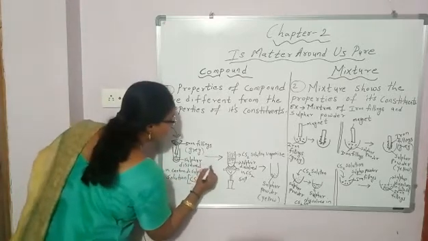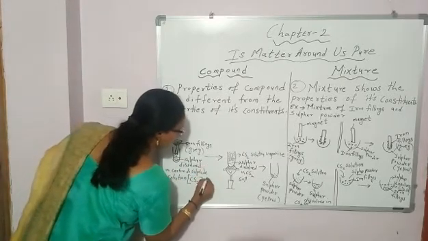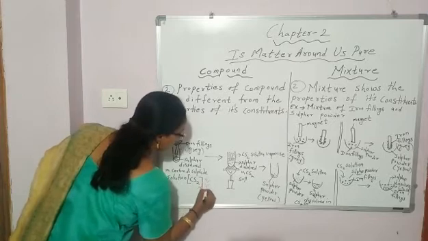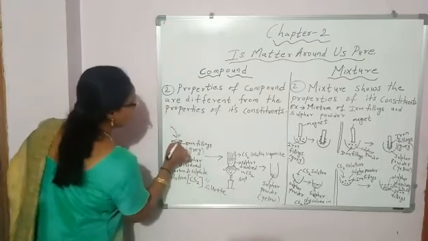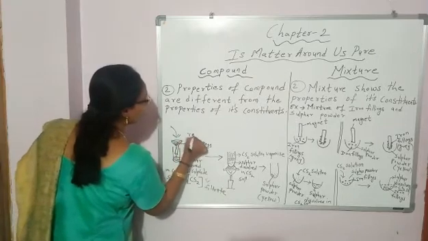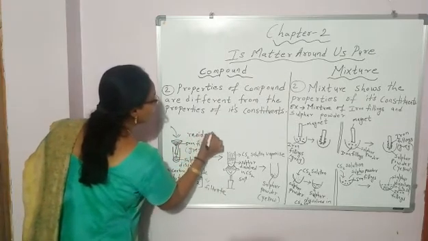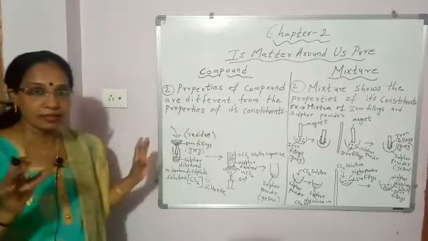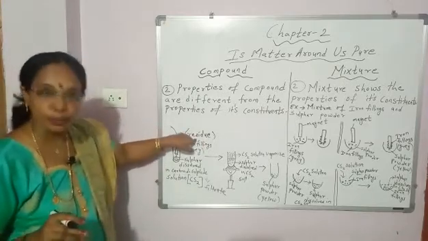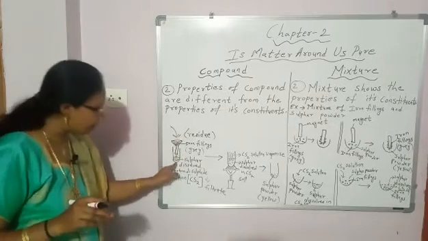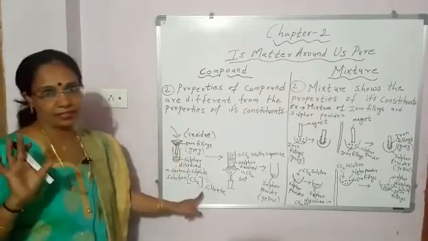What is this? Filtrate. And what is left on the filter paper? That is called residue. By filtration, what is left on the filter paper is called residue, and what passes through the filter paper is called filtrate.